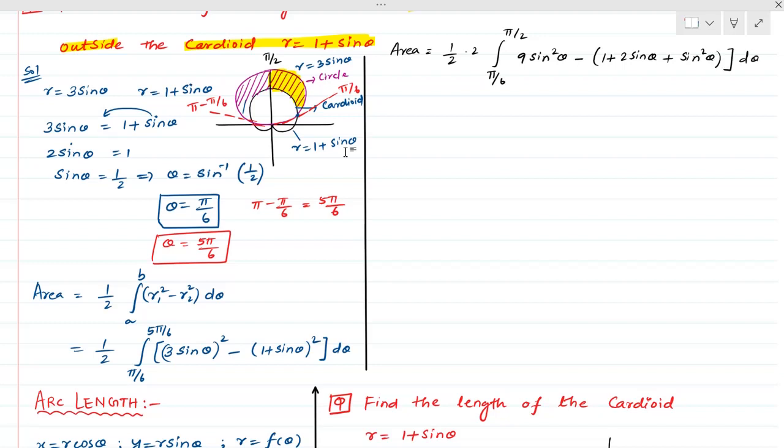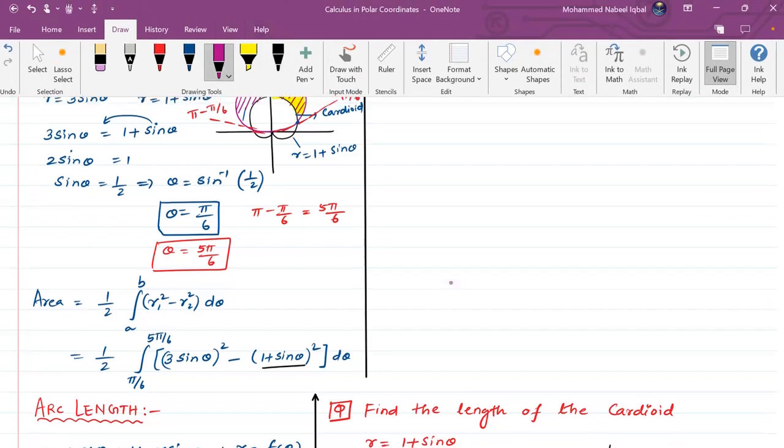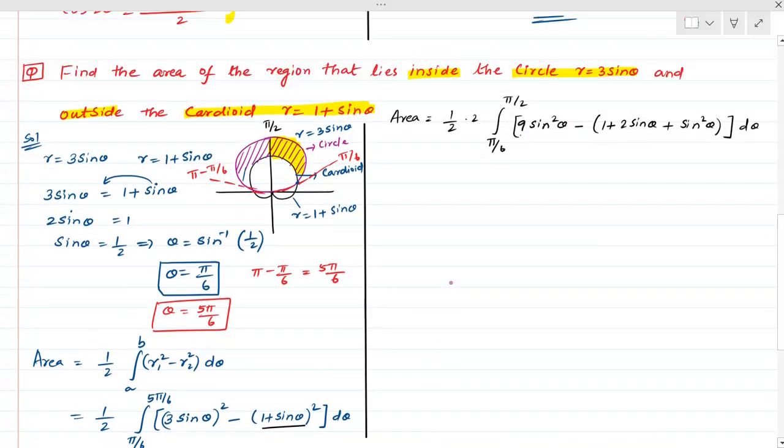So this is the formula we are using here, the a plus b whole square formula. Before solving this equation, we will simplify this part first, and then directly substitute in the integral.